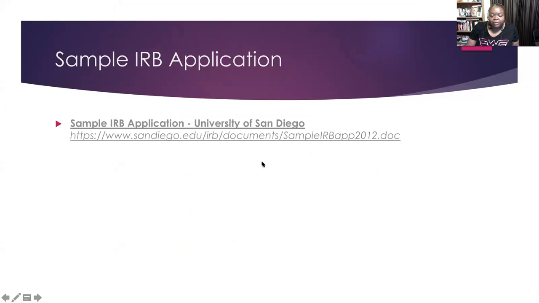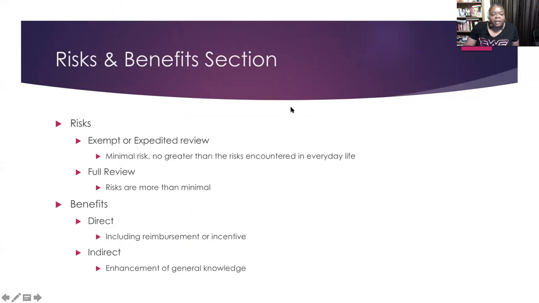After the sample IRB project application, we were asked to focus on three different areas of the IRB application and discuss those areas. One is the risk and benefit section of the application. Even during the application process, it has you thinking about what could be potential risks and or benefits for the type of research that you're doing.